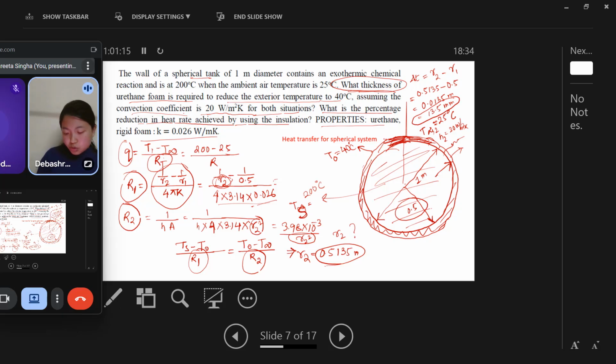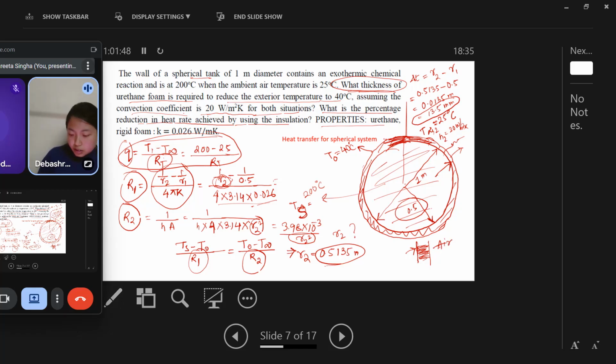But the Q is not given, so you cannot find it by using this formula, by finding the total R, I mean R1 plus R2 or R total. But instead what you do is, suppose if I draw in planar, this is the inner surface of the sphere and this is the insulation and this is the outer surface, I mean, it is the ambient air.